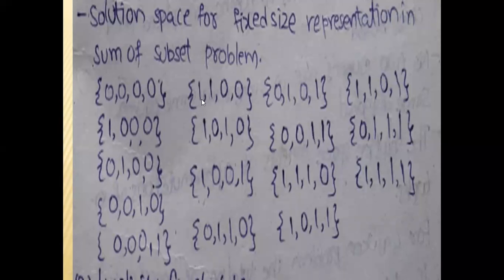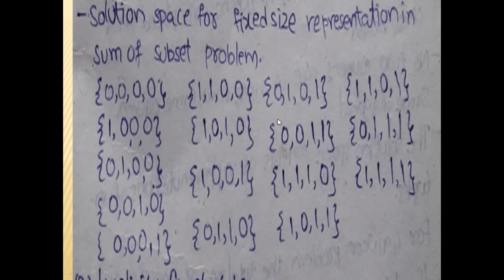Here the first and second elements are considered, here first and third, here first and fourth, then second and third, second and fourth, third and fourth, the first three elements, and the first, third and fourth elements. So this is the fixed size representation.